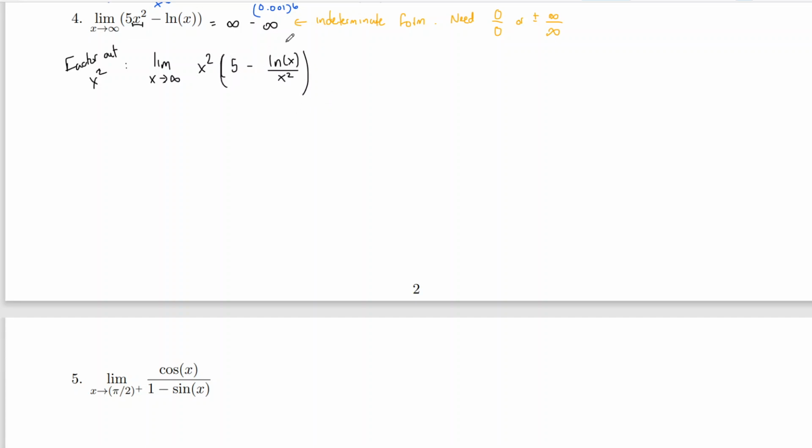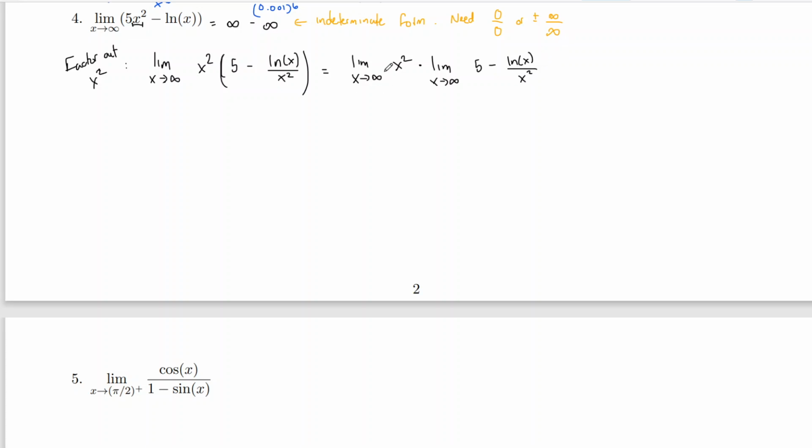And this is exactly going to help us because this is where our fraction is going to come in. Now, the nice thing about limits is that limits work over products, meaning we can do the limit of x squared times the limit of this. And that's another big reason why we do it like this. So the limit as x goes to infinity of x squared times the limit as x goes to infinity of 5 minus the natural log of x over x squared.